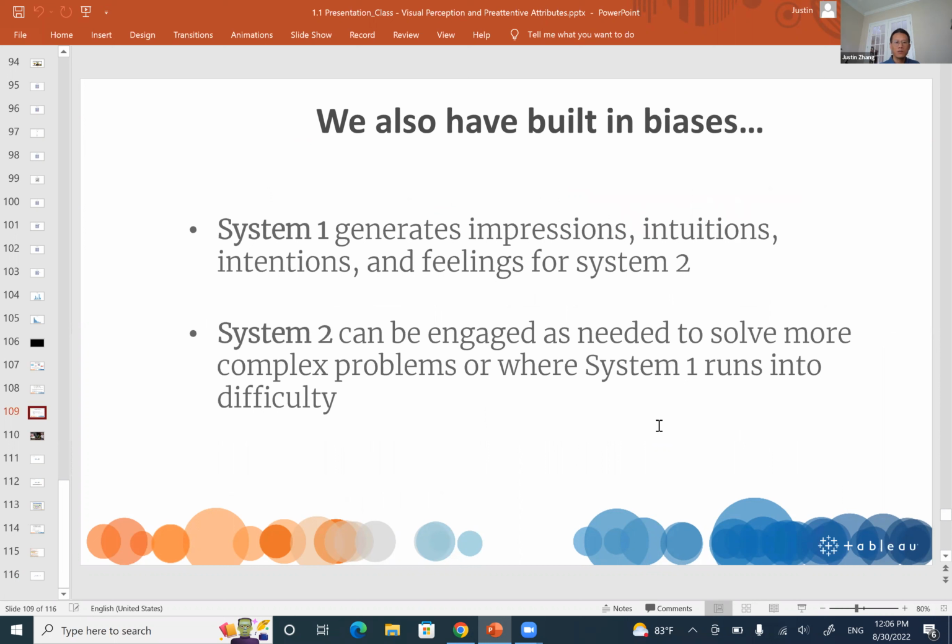In comparison, system 1 generates impression, intuition, intention, and feeling for us to continue to operate system 2 to solve very complicated problems or questions when system 1 cannot handle those difficult situations.